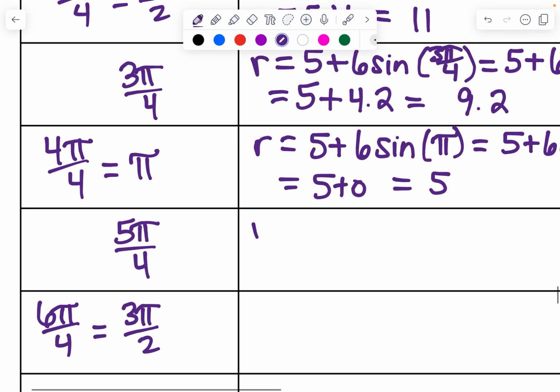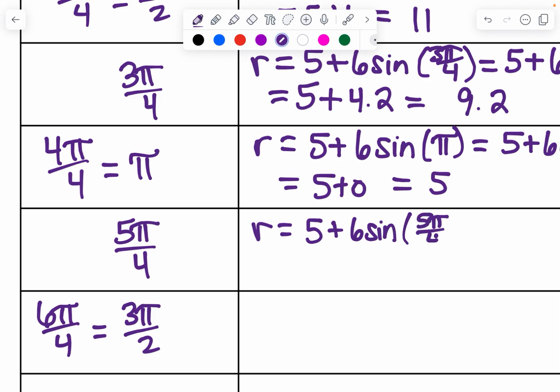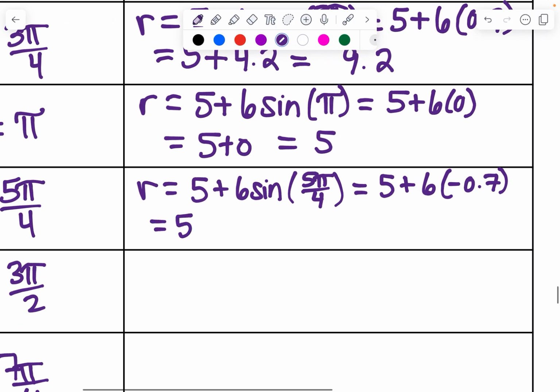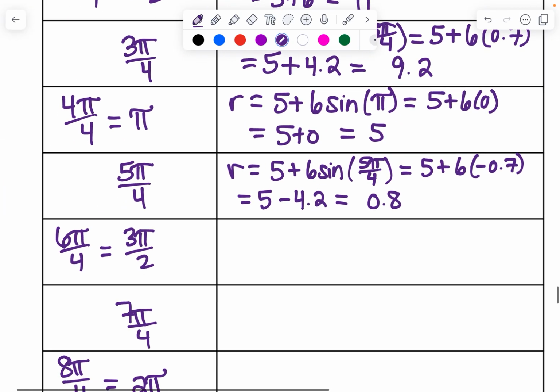Next, we're plugging in 5 pi over 4. So now we're down in quadrant 3, so now the sign will be negative. So it'd be negative 0.7, we'll approximate it as. So 5 minus 4.2 this time gives us 0.8.